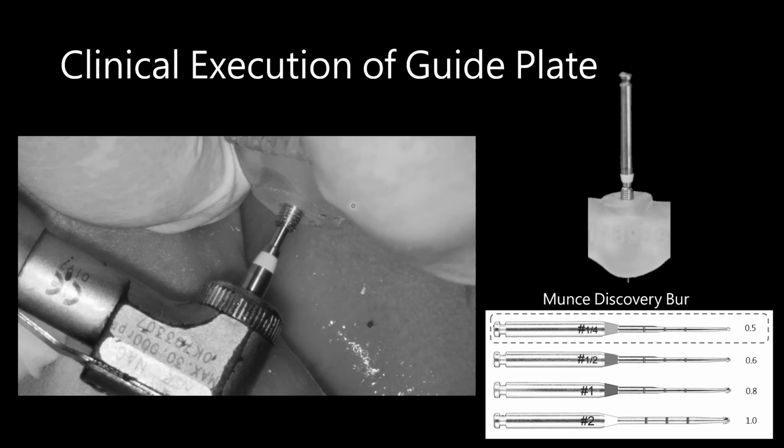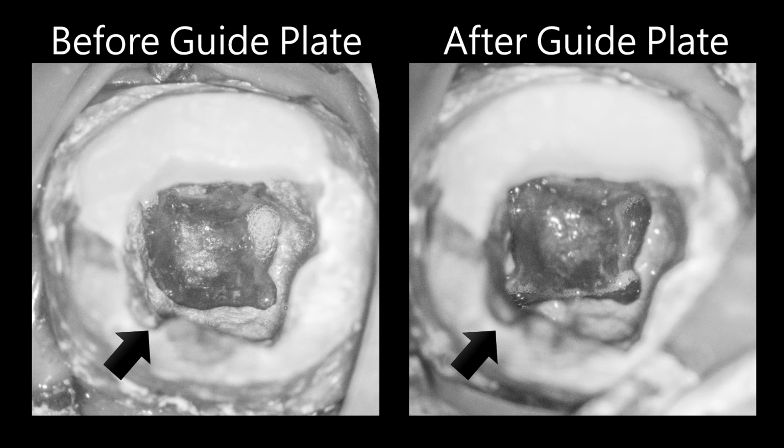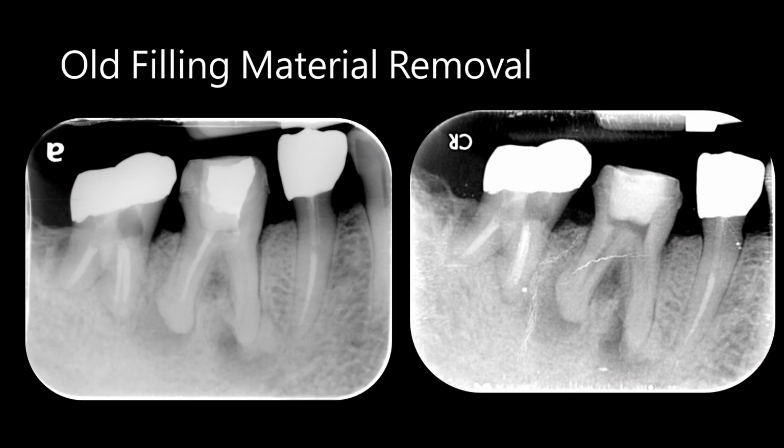No, I go 1 to 2 millimeters at a time, and I remove the plate and check with path file, irrigation, maybe microscope, and put it back and do it again, 1 to 2 millimeters every time.